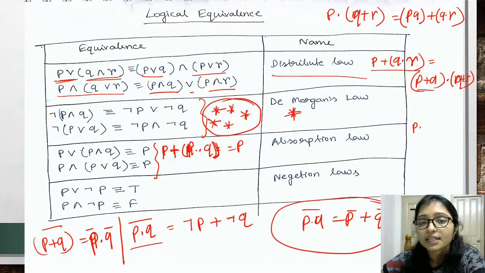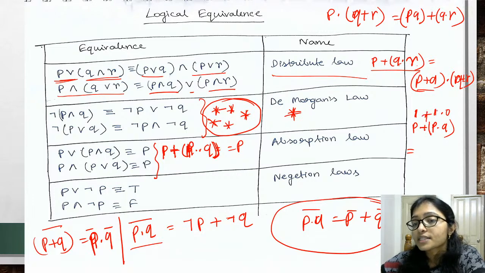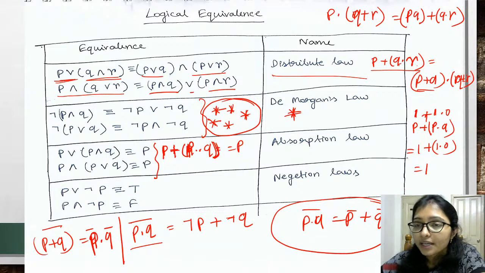So I am taking P is 1 and this is 1 and this is 0. I am taking P is 1 and Q is 0. So what will come? 1 plus 1 dot 0, that is 1 is coming, right? Here P plus P dot Q, so 1 is coming.